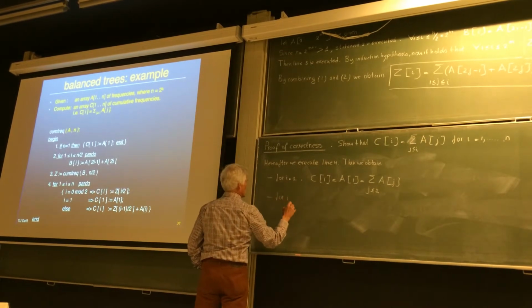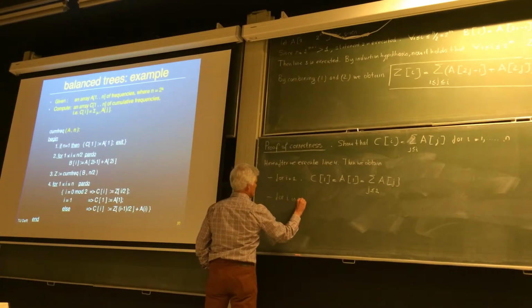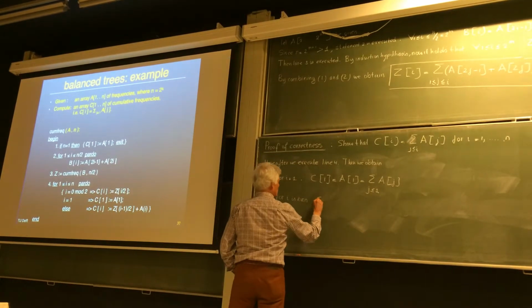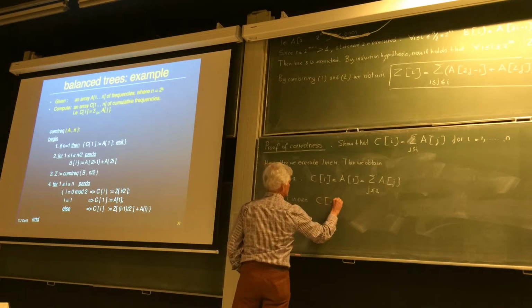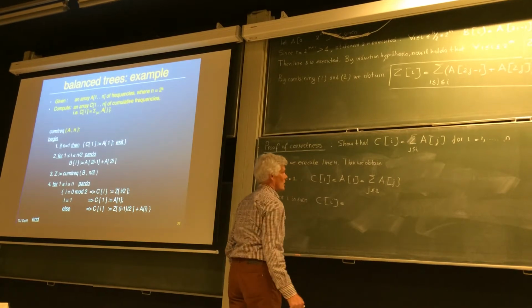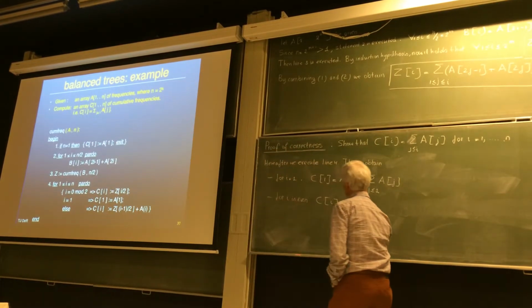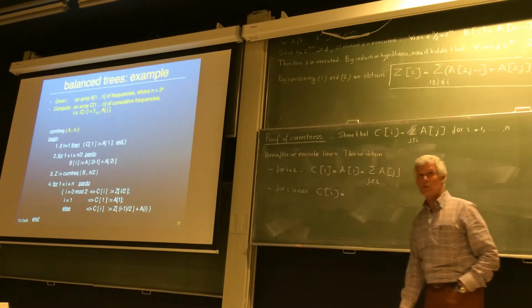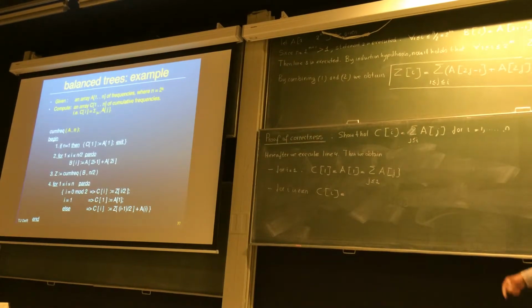For I even, we have Ci can be directly obtained from, well, what should be the result? Here we have the correspondence between Zi equals the sum of Aj for j between 1 and 2I.